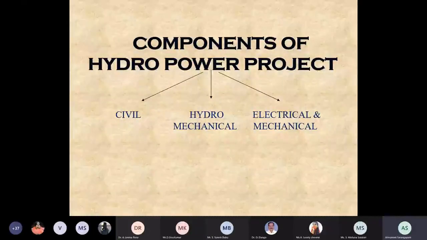In hydromechanical, we have gates, penstock, and valves. And electromechanical will cover the generator, wells and towers, cabling and other things. So the three main divisions of engineering, civil, mechanical, and electrical, are involved in a hydropower project.